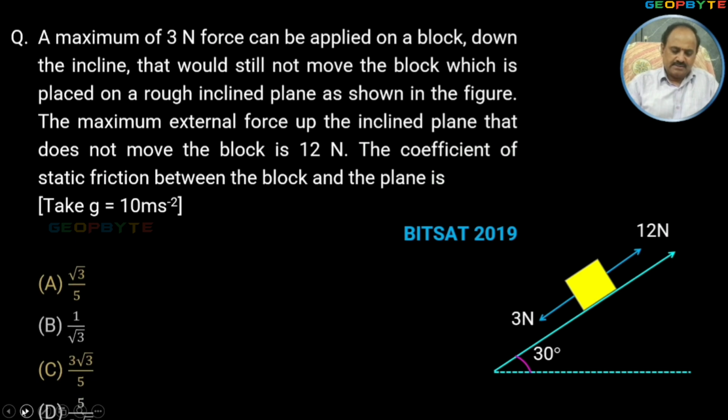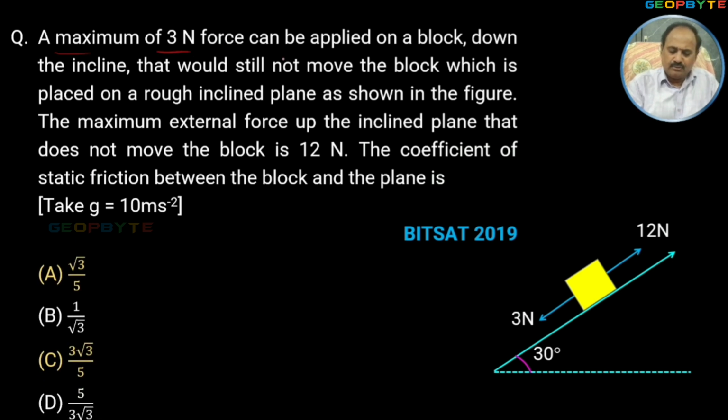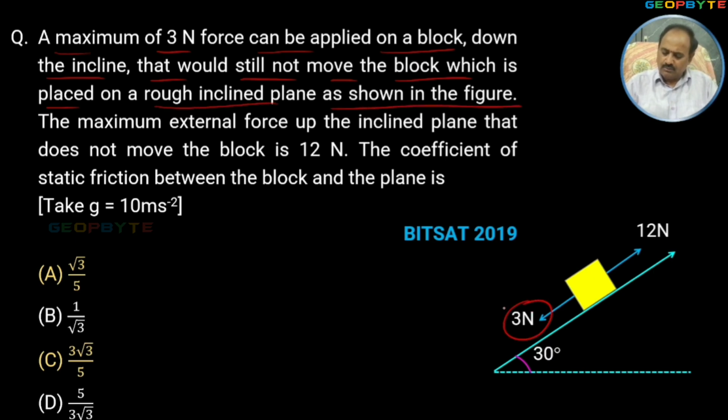Similarly, let's take another important problem. Okay. Look at the screen. It is asking: a maximum of 3 newtons force can be applied on a block down the incline that would still not move the block, which is placed on a rough inclined plane as shown in the figure. Look at the downward force acting on the block parallel to the plane. Though 3 newtons downward force is acting, the block is not moving. It means frictional force will be more than this applied force in the downward direction.